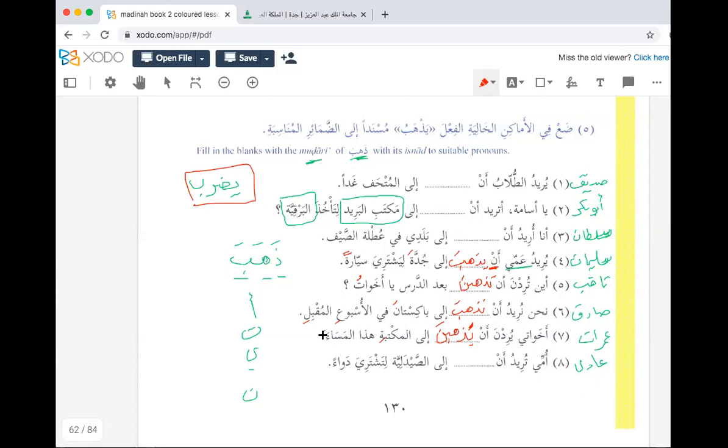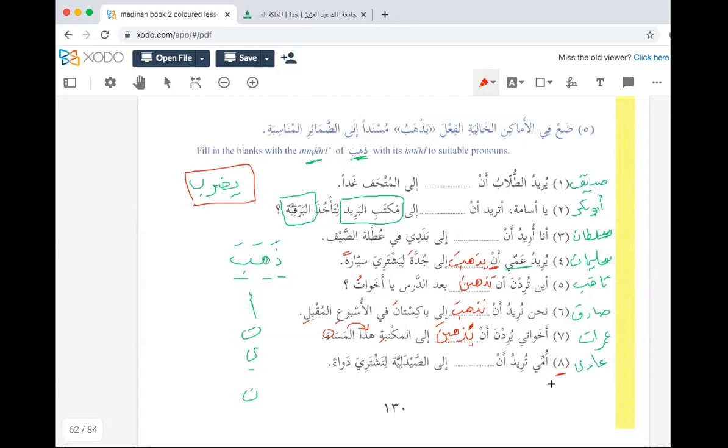Why is المساء with a فتحة? لأن هذا بدل من هذا وهذا هو مفعول به. مفعول فيه. The time frame.